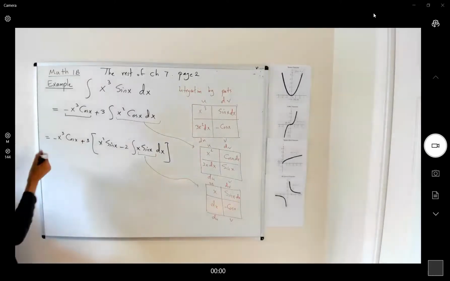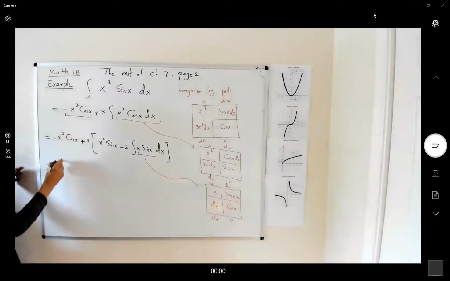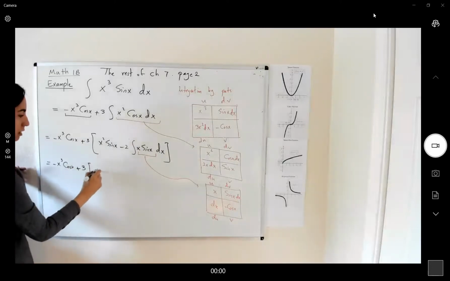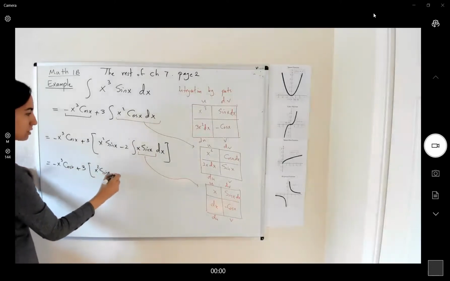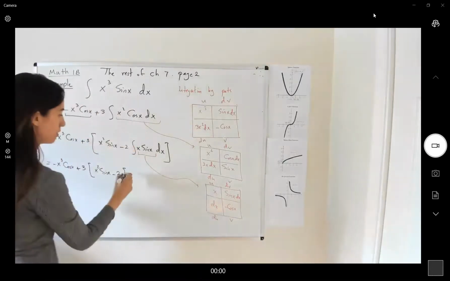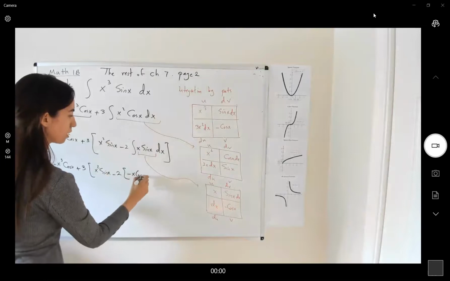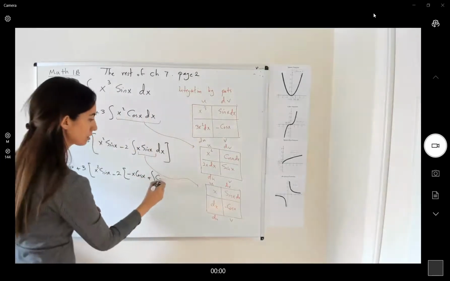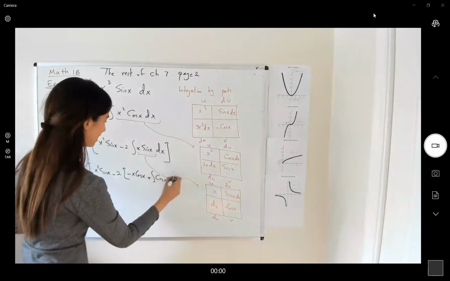Perfect. So I have negative x cubed cosine x plus 3 bracket x squared sine x minus 2, another bracket, uv, negative x cosine x, minus the integral of v du, plus cosine x dx.